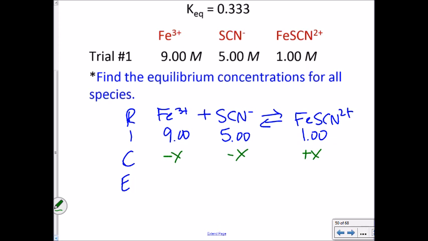And then here, of course, 9 minus x, 5 minus x, and this one's now going to be 1 plus x. We're still sticking with our same temperature. Our KEQ is still 0.333, and all you have to do now is what? Plug it in and graph it. So go ahead and plug it in and graph it.